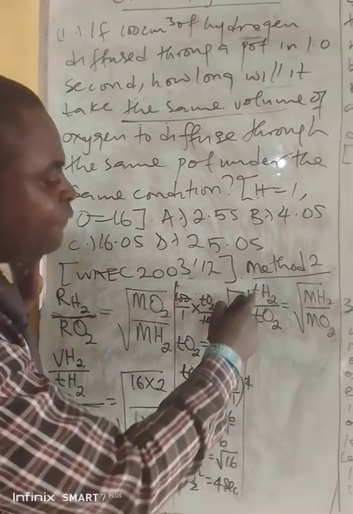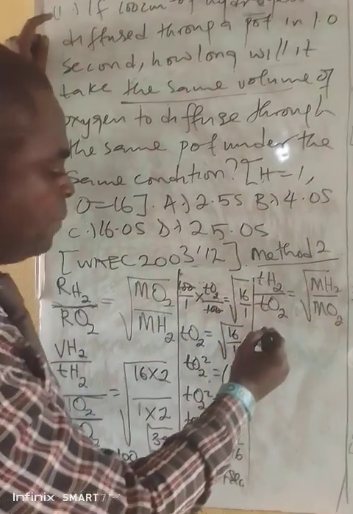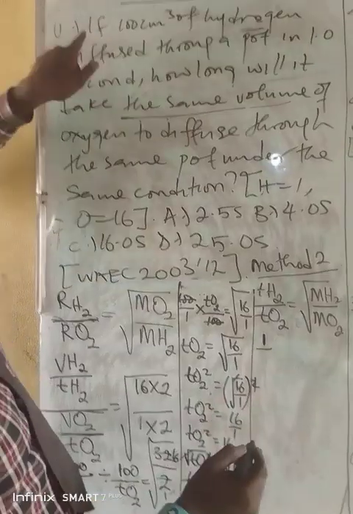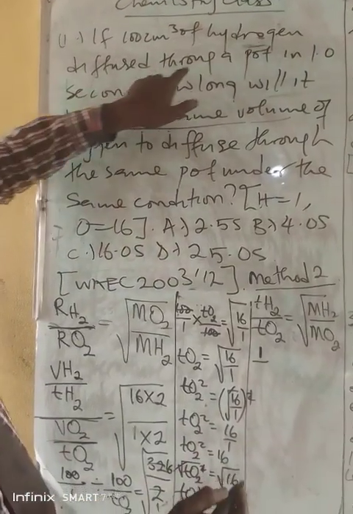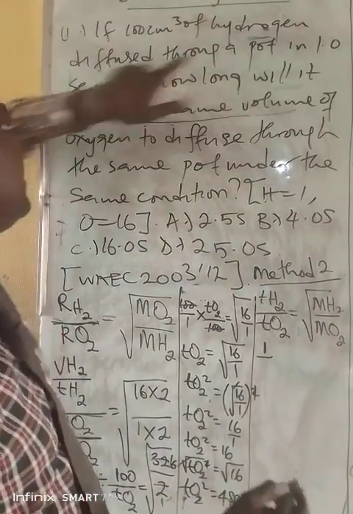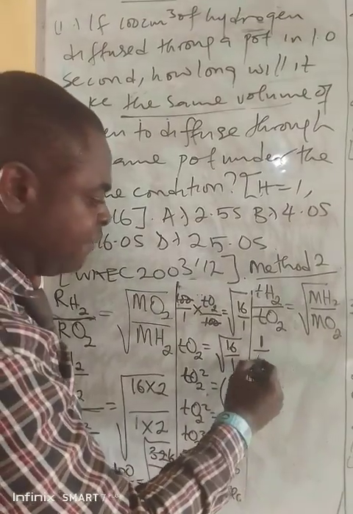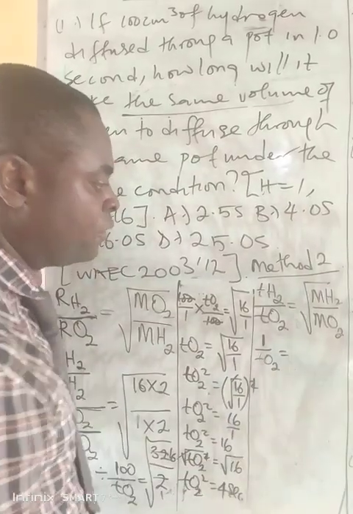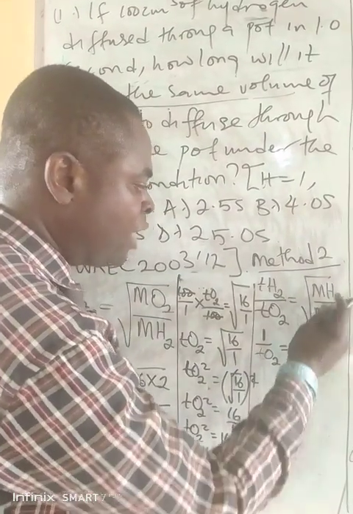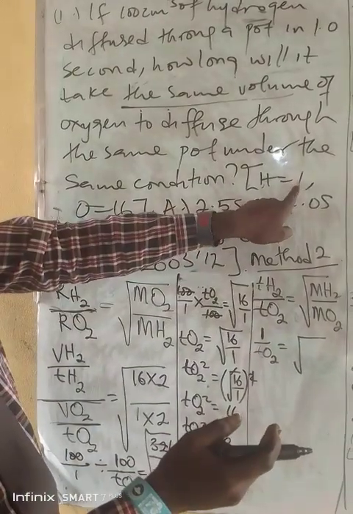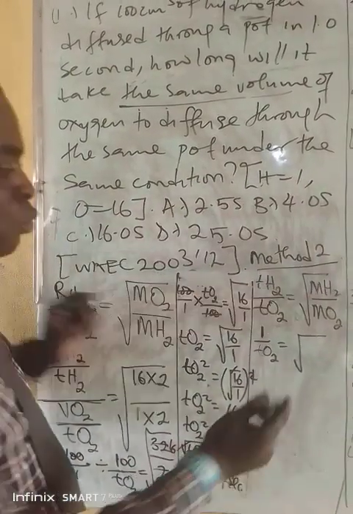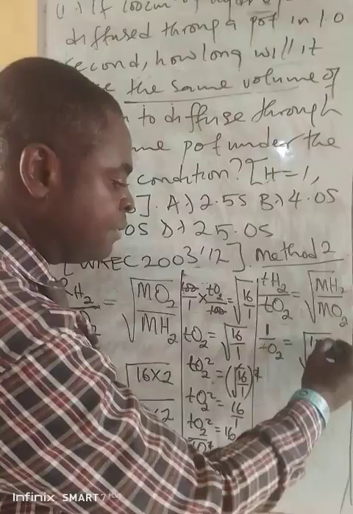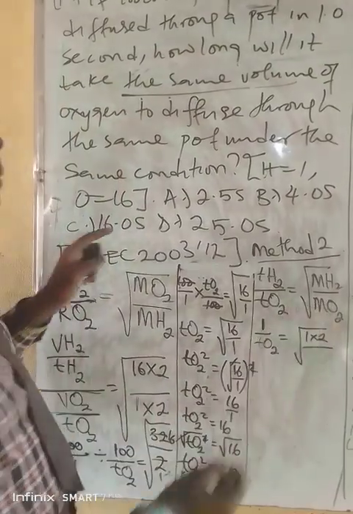So the time for hydrogen has been given as 1, since 100 cm of hydrogen passes through in 1 second. We don't know the time for oxygen; that's what we are looking for. It is equal to the square root of the molar mass of hydrogen. H equals 1, but we have 2 here, so 1 times 2 over the molar mass of oxygen.